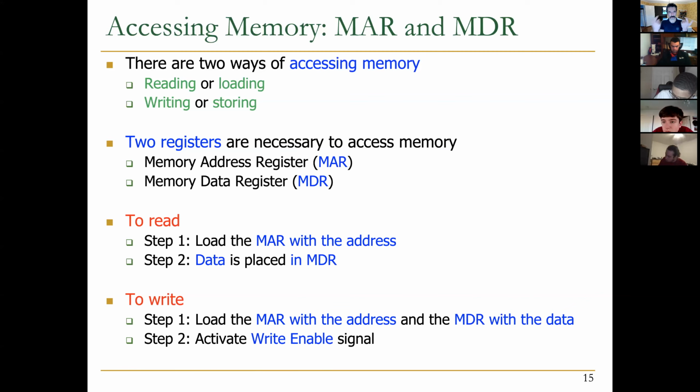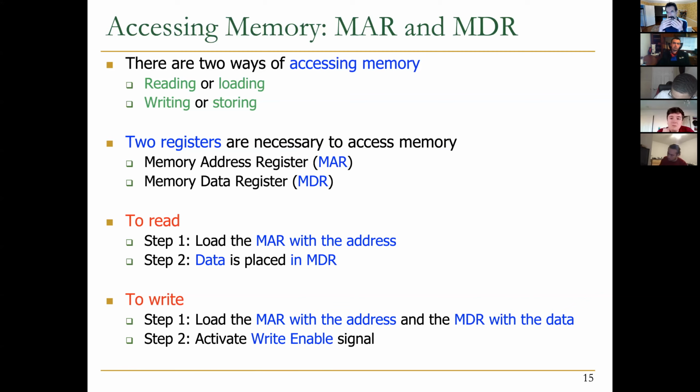So you have two particular registers that you can use for reading from memory. Obviously for reading, again, you need an address, and you can retrieve the data from another register, the memory data register.